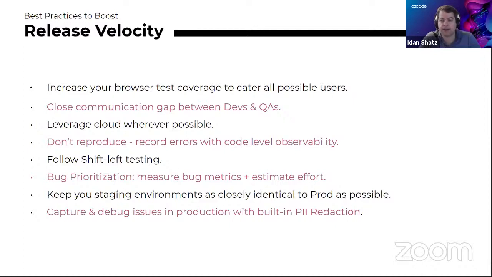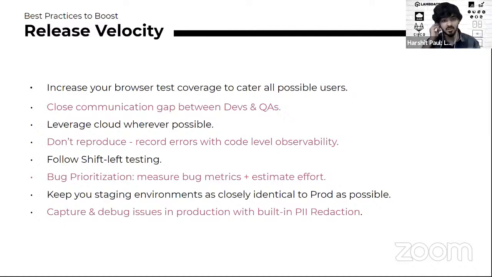And really try to estimate the effort, because sometimes bugs would only be found in production, and when they do, you really want to prioritize your development team to focus on the things that are actually important. So adding metrics to your error capturing mechanism is really good for helping you prioritize.